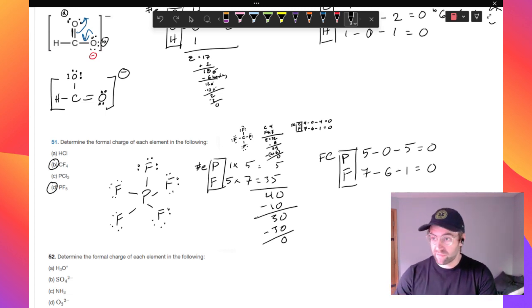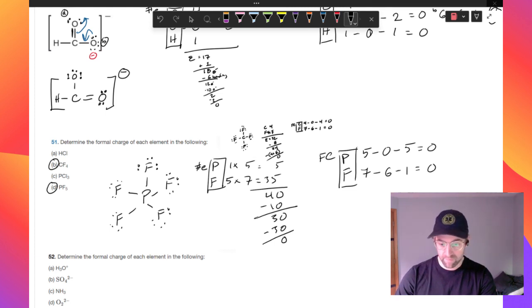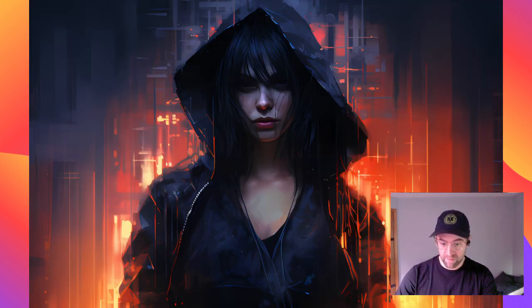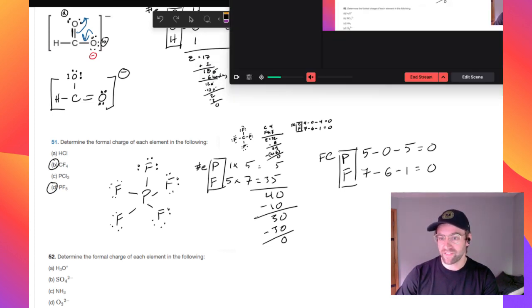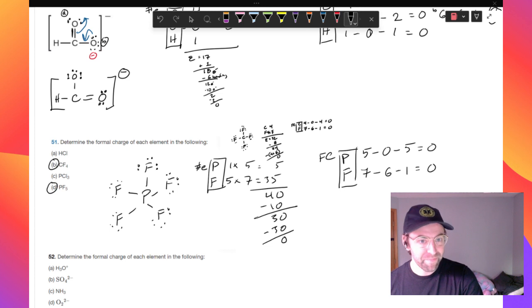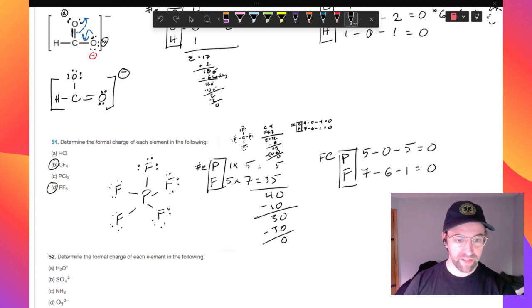And because I want to be thorough again, I'm going to check my answer key here. Where's my answer key? May have closed the window that I need. That's fine.